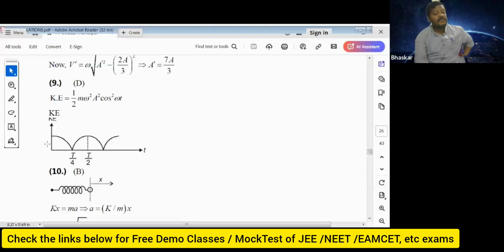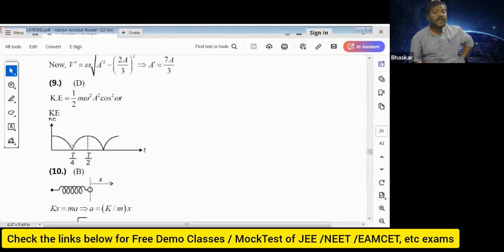So this is at the equilibrium position, where velocity is maxima. As you know, velocity becomes 0 when the body reaches the end point. So how much time is taken for that? T by 4 time. In terms of phase, it takes 90 degrees, right? Then again it will come back.